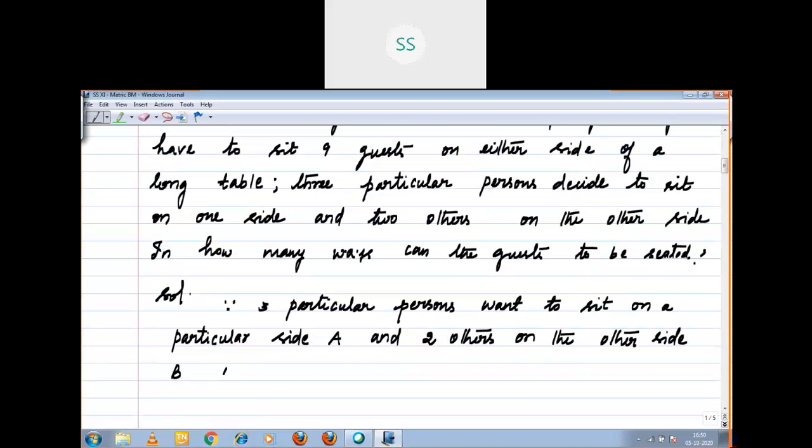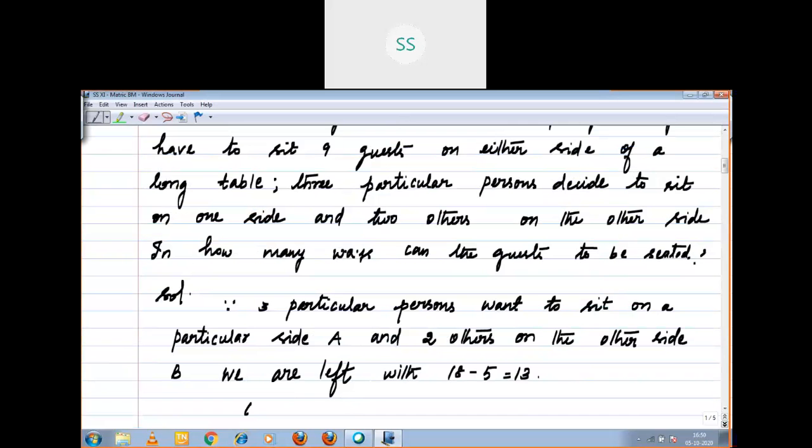Now we are left. Totally 18 are there. In that 3 in one place, 2 in another place, remaining how many? Out of 18, remaining 13 is there, right? 18 minus 5 equal to 13.